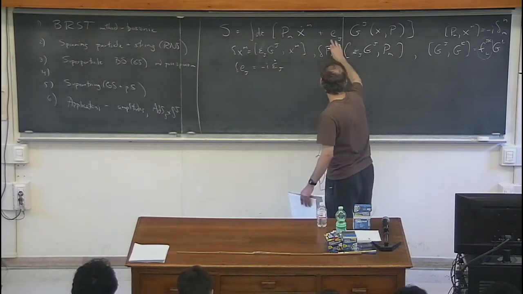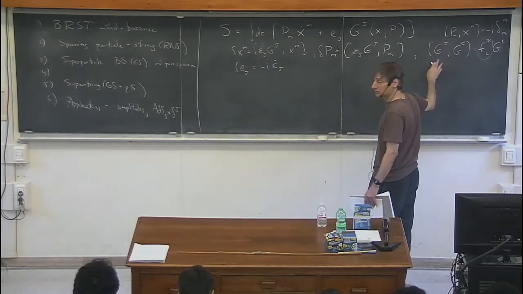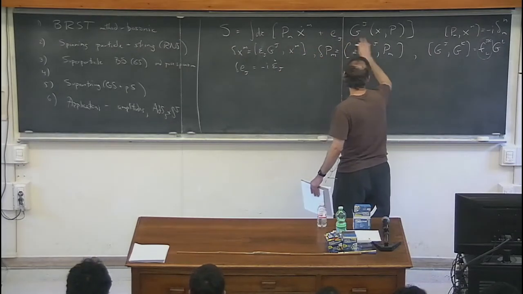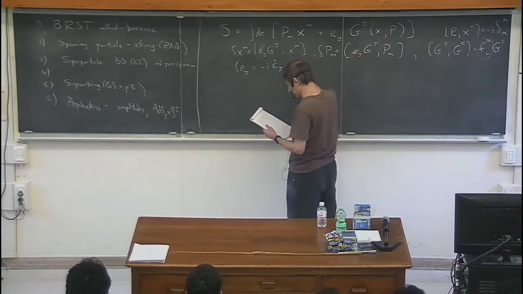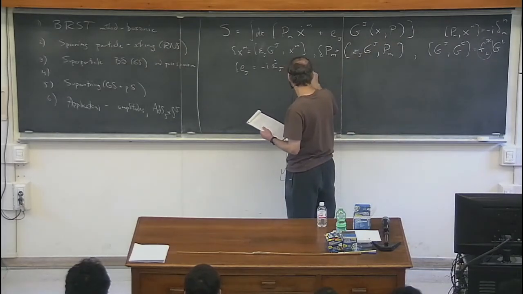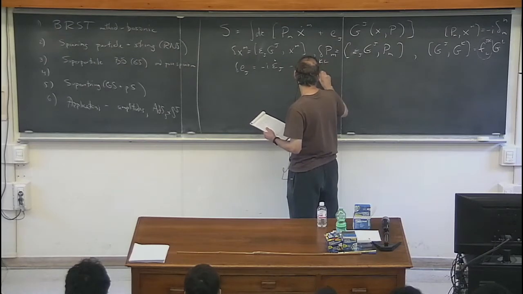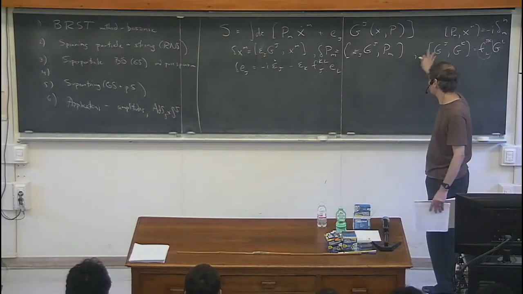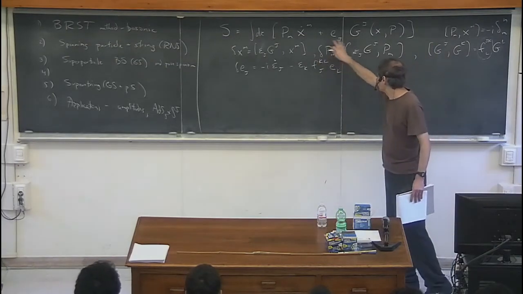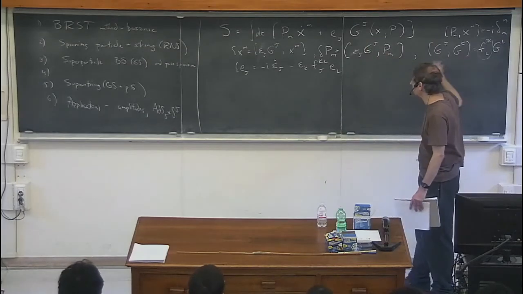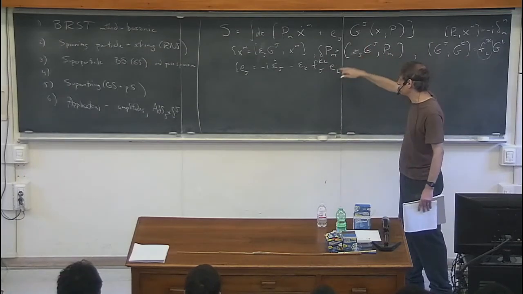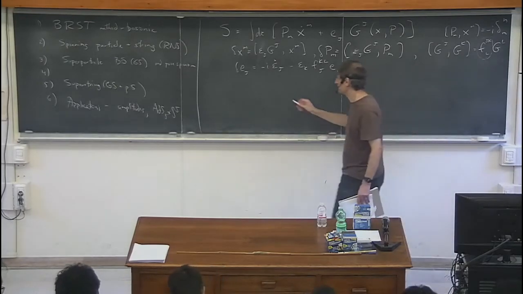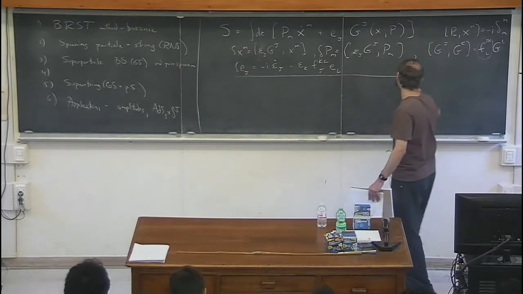But then you also get contributions from the transformations of G. So the transformations of p and x from here are going to be cancelled by this, but the transformations from G are going to mean that you have another term which is of this type. Okay, so this is completely general in the sense that I haven't told you what the G's are, I just told you the algebra, but it's easy to show the action is invariant up to a total derivative with these transformations. Okay? So that's the general case.